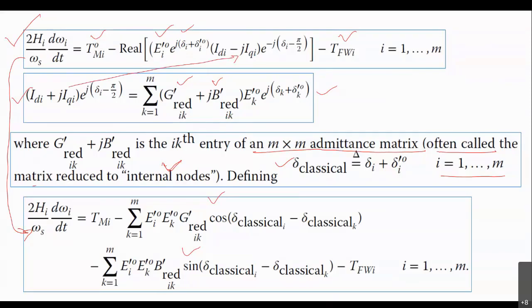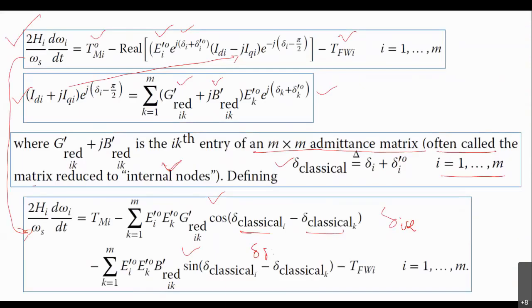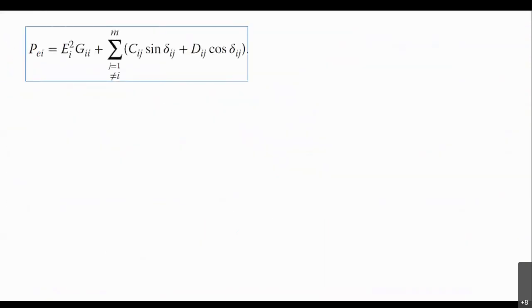So very easily we can see that cos of delta classical i and delta classical k, they are nothing but delta ik we represent, sorry, delta ik. So here also it is delta ik. So naturally we can represent the expression.